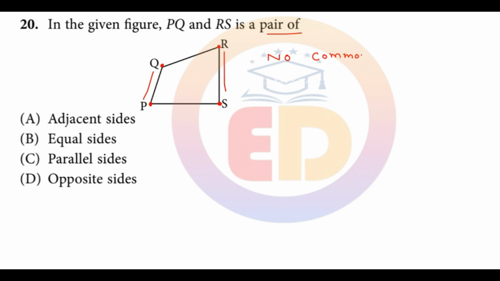They don't have any common vertex, they don't have any common point. And when two lines don't have any common vertex or common point, then they are called opposite sides. And if they have a common vertex, they are called adjacent sides. Answer will be option number D.